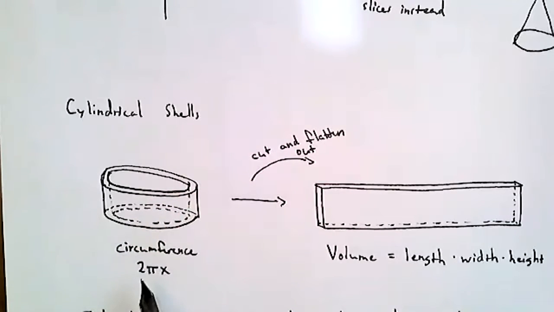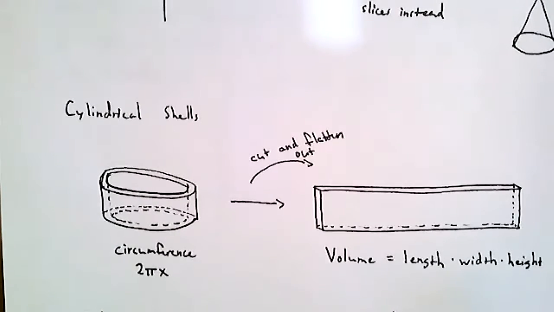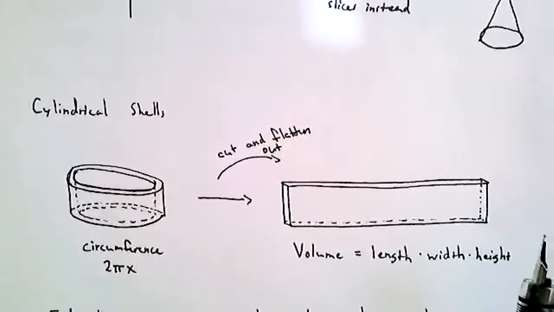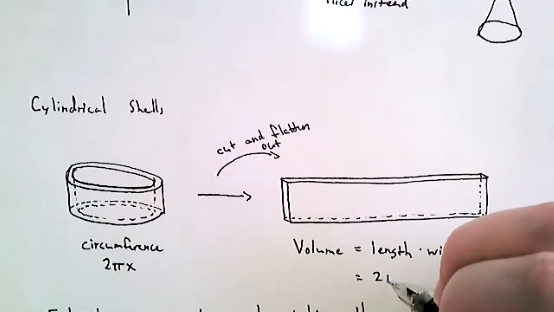So the circumference we get by multiplying by 2 pi x. Okay, so let's fill that in over here. The length is 2 pi x.